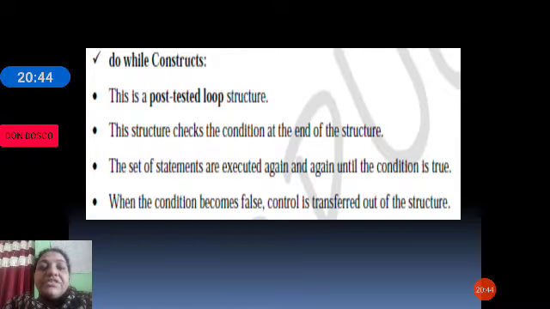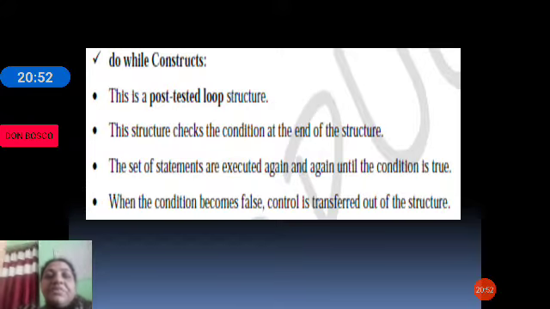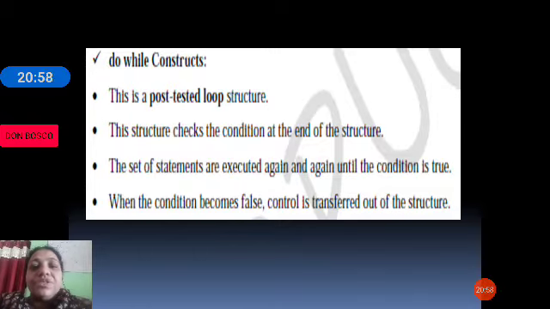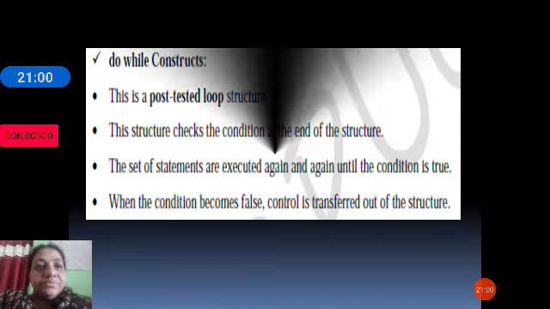So the set of statements are executed first, then the condition is tested. If the condition is true, then the statements are executed repeatedly. If the condition is false, then control comes out of the loop.